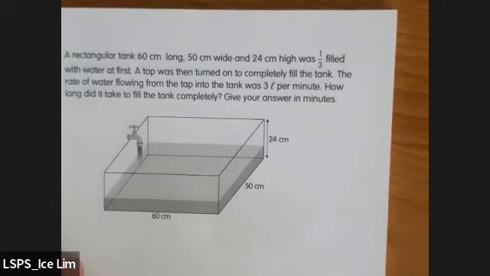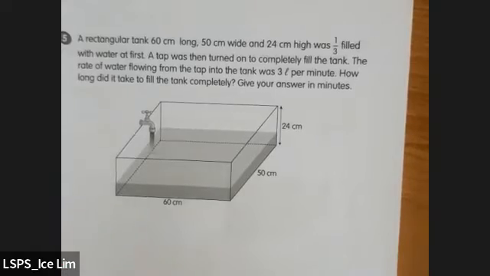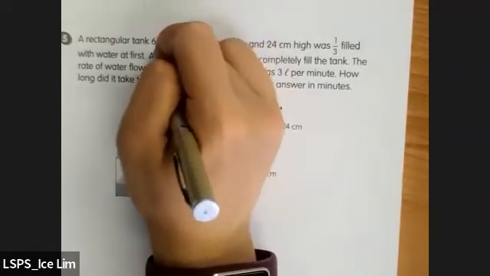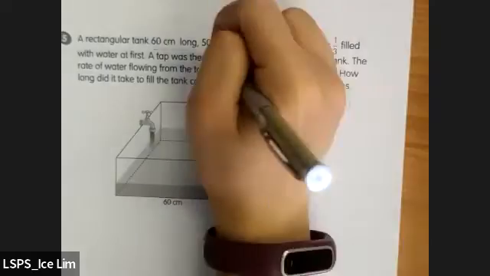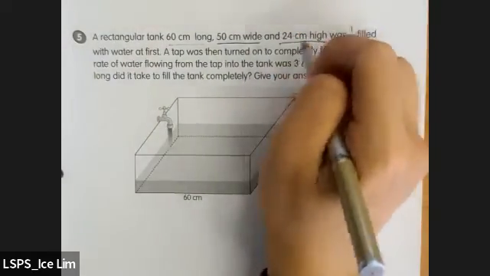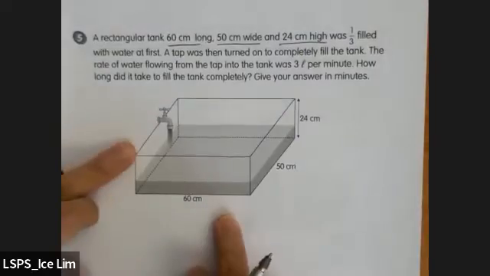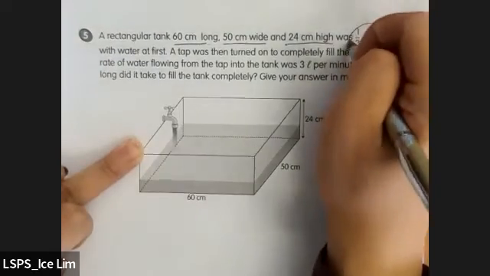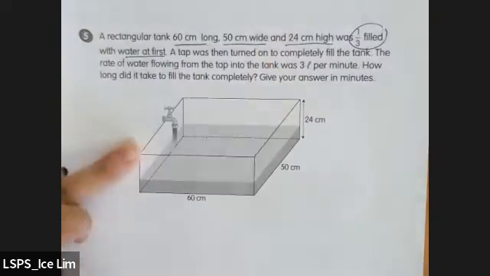On the rectangular tank. This rectangular tank is 60 centimeter long, so dimensions are given, 50 centimeter wide and 24 centimeter high. The tank is drawn for you. It was 1/3 filled with water at first.